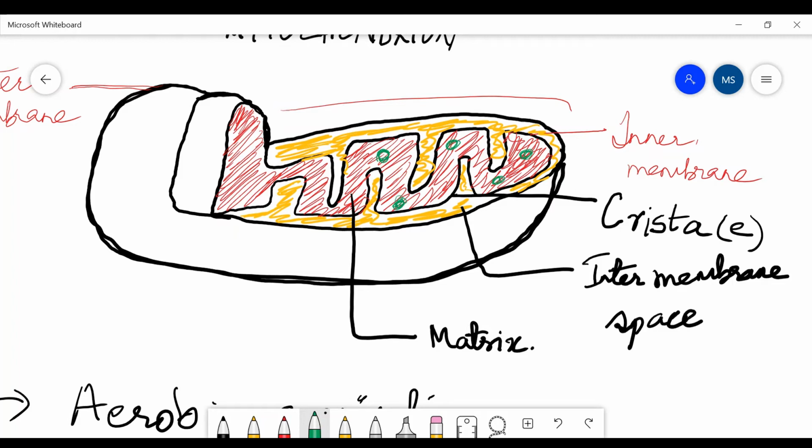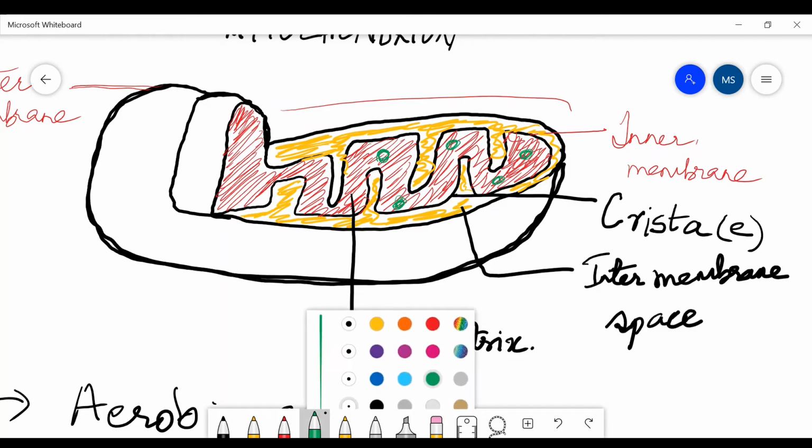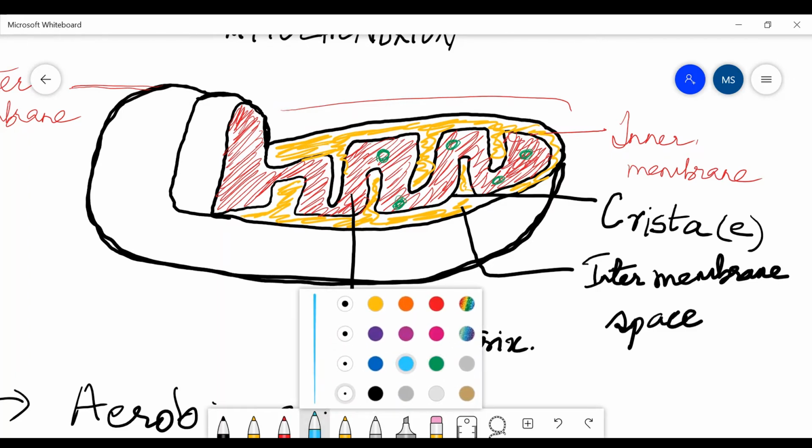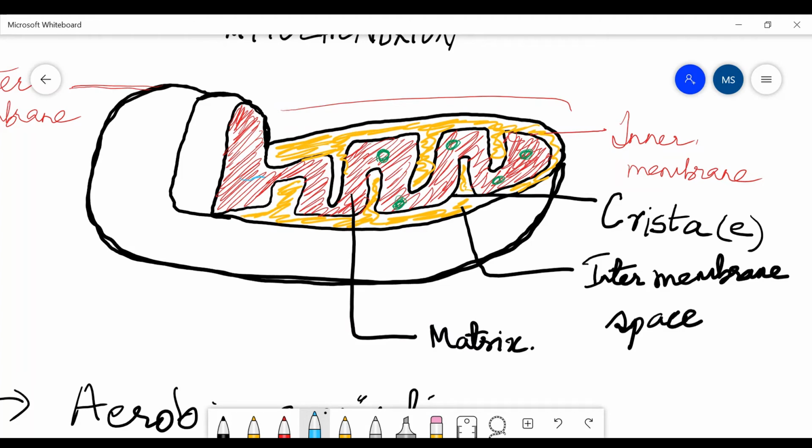Apart from that, the mitochondrion also has a few RNA molecules. They are single-stranded, so here are the single-stranded RNAs. So mitochondria have their own DNA as well as RNA molecules.